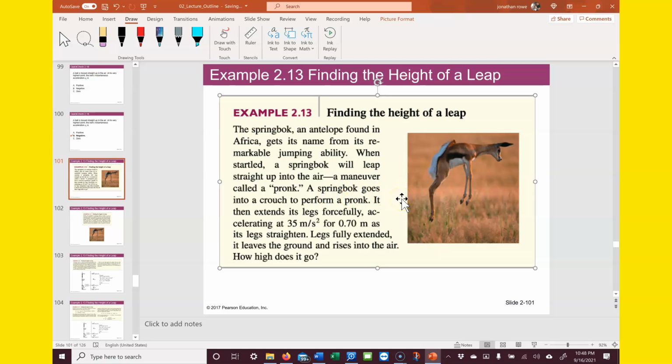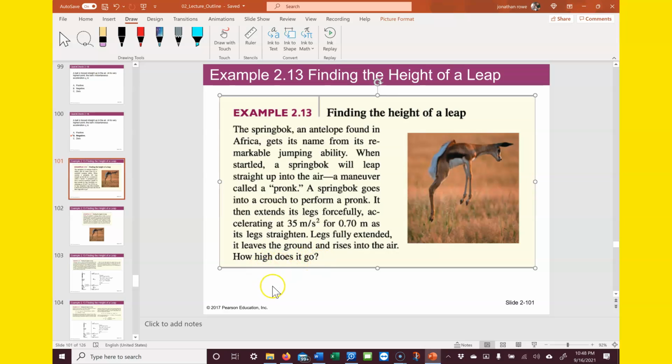The springbok goes into a crouch to perform a pronk. It then extends its legs forcefully, accelerating at 35 meters per second squared for 0.7 meters as its legs straighten. So the 0.7 meters is the distance that those legs extend, creating that acceleration during that extension. Legs fully extended, it leaves the ground and rises into the air. How high does it go?